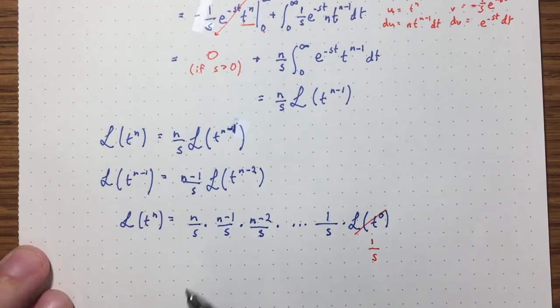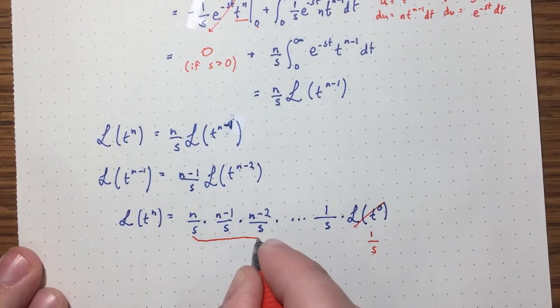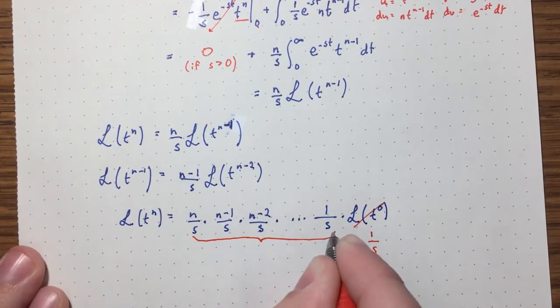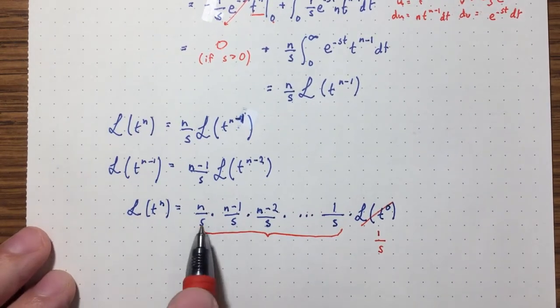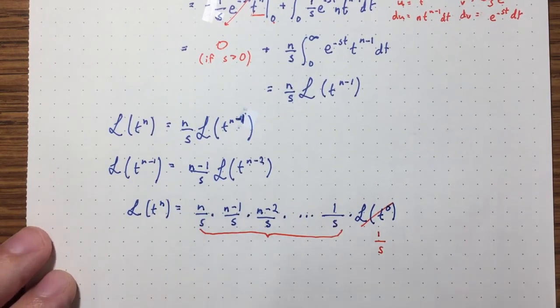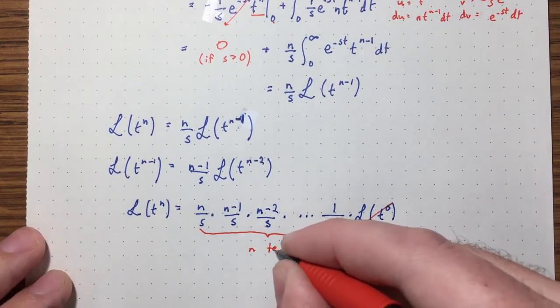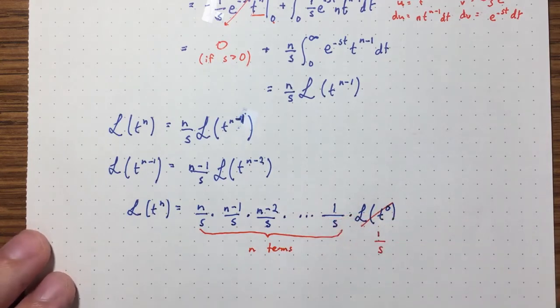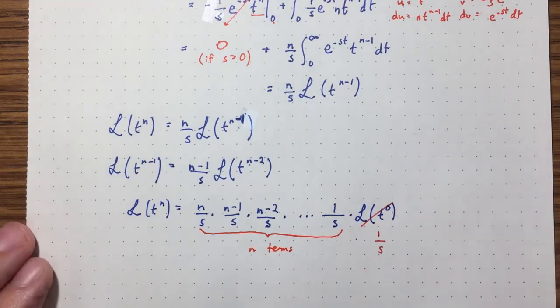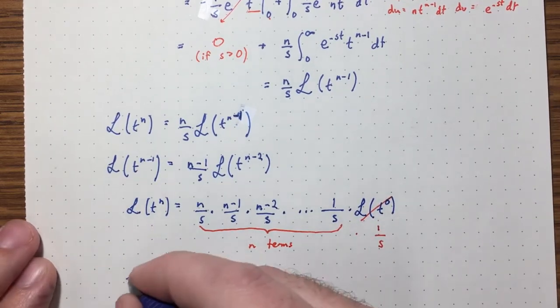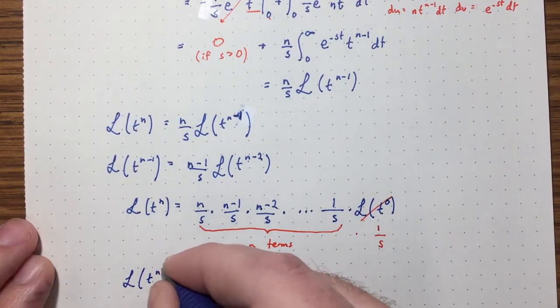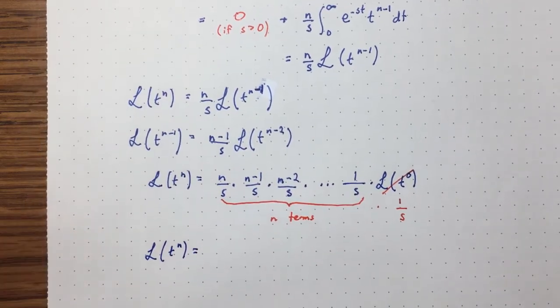Okay, so let's take stock here. What do we have here? How many terms, how many factors do we have? We have n terms, n all the way down to 1, times this extra 1 here. And so what is our formula going to be?